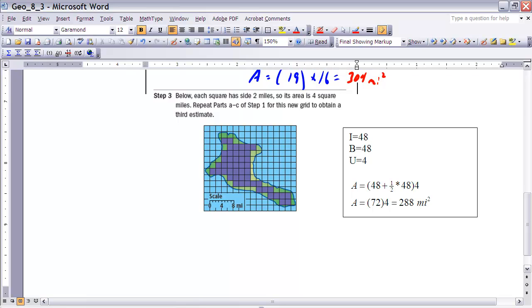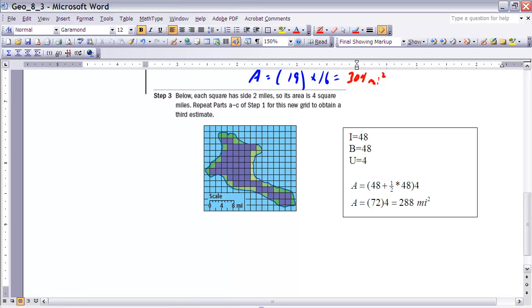But I came up with 48. You might have a number that's somewhat close to that, but not exactly the same. If I plug that in, 48 plus half of 48, times 4, gives me 72 times 4, or 288 square miles.